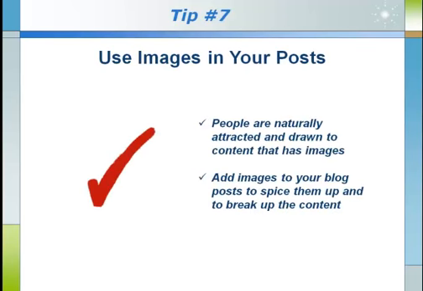Also, use images in your posts. People are naturally attracted and drawn to content that has images. Add images to your blog posts to spice them up and to break up the content. And when you use images, within an area known as the alt text, make sure you put your keywords in that.